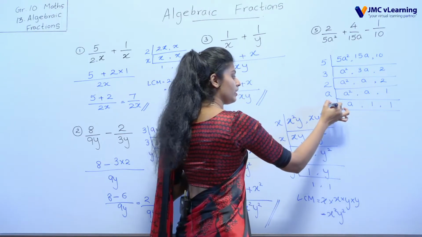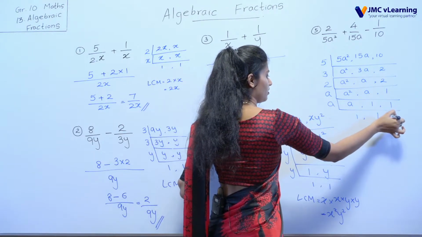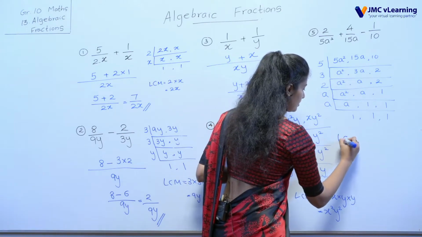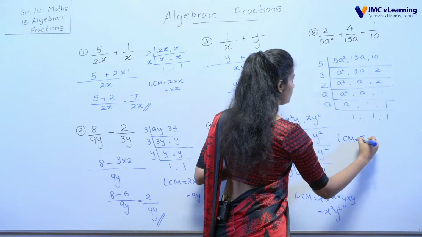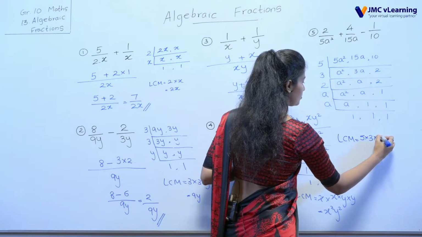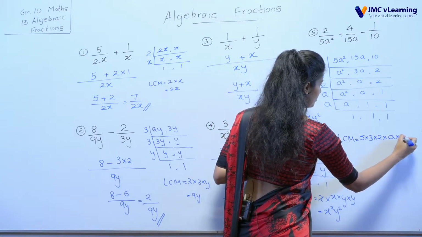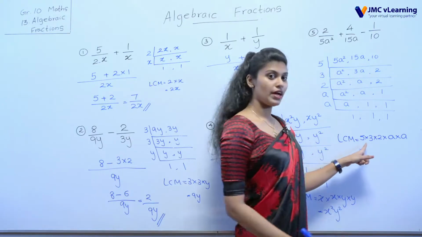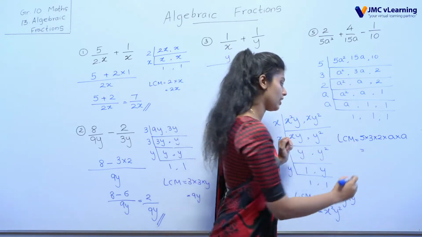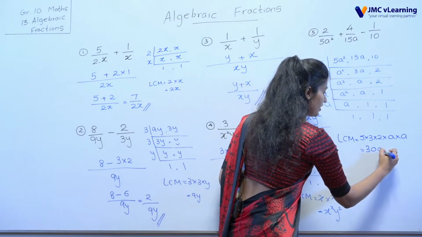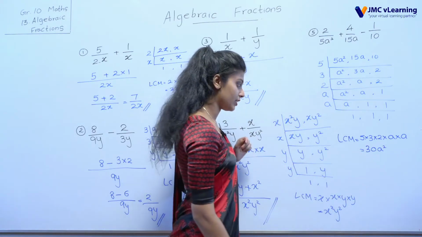Again divide by a, 1, 1, 1. Then LCM is equal to, let's multiply all of this, 5 into 3 into 2 into a squared. Then 5 into 3, 15, 15 into 2, 30, and 30a squared is the common denominator.